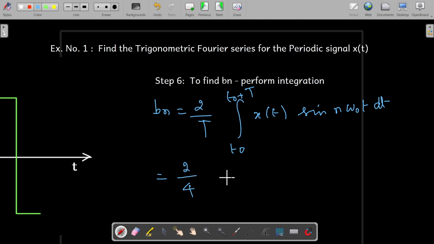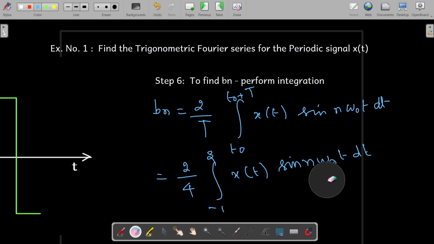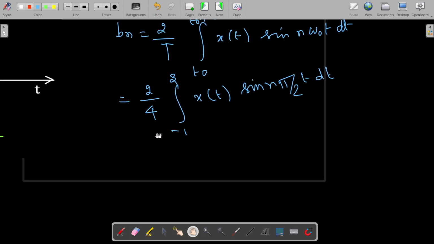This 2 by 4, this integral is from minus 1 to 3, and then we have to substitute this x of t value anyhow. So instead of this omega naught, we can put it as n pi by 2. Okay.